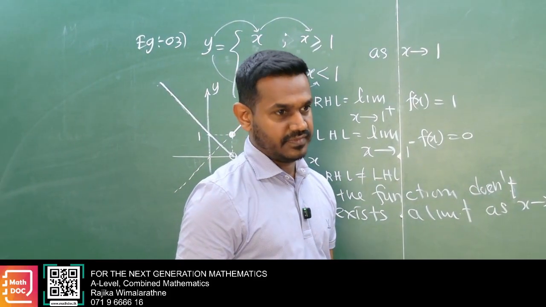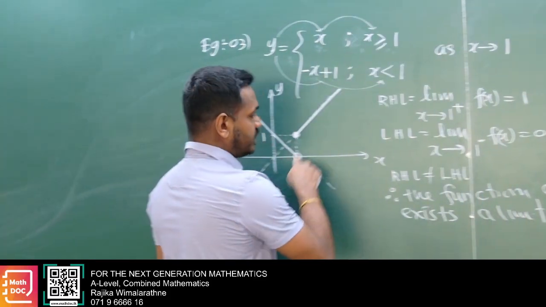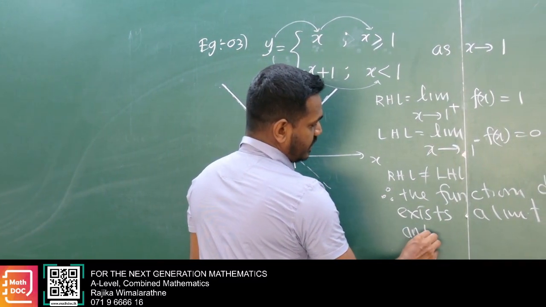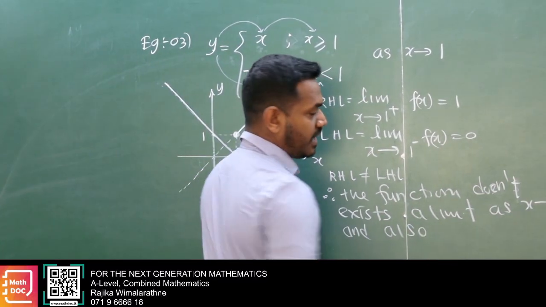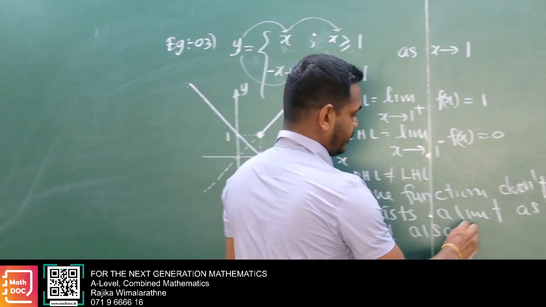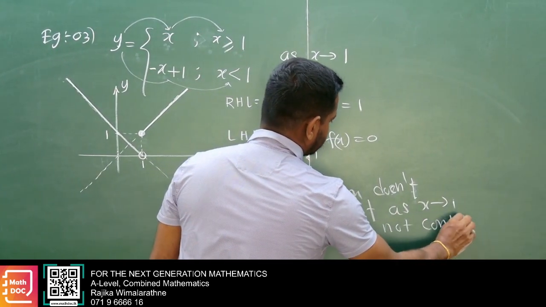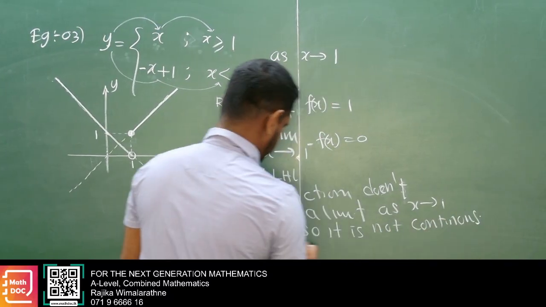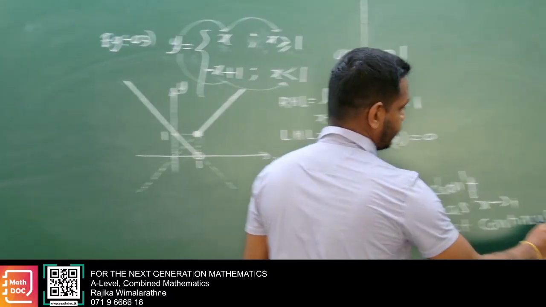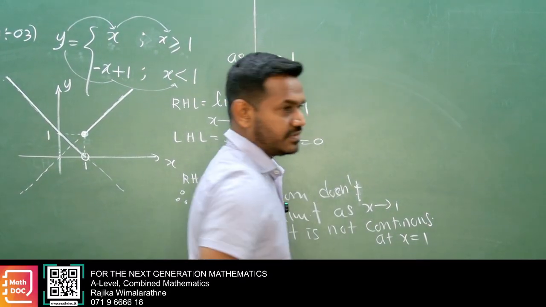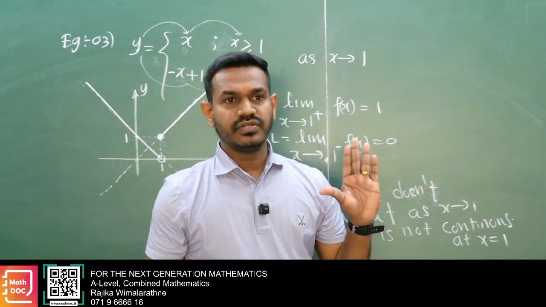It doesn't exist. And also it is not continuous, no? Now they are not the same. And also it is not continuous. It is not continuous at x equal 1. Okay, do that example.